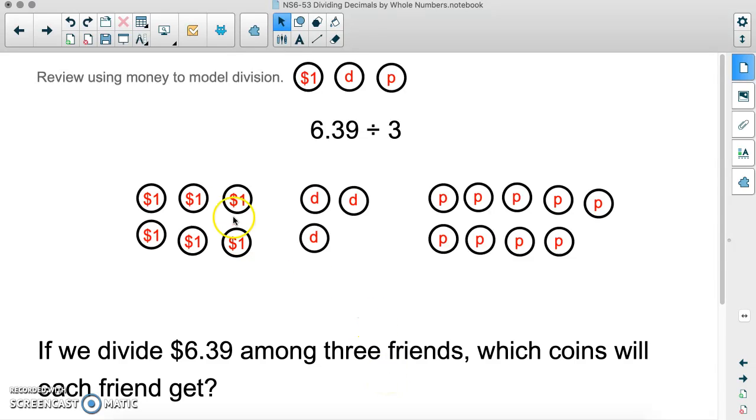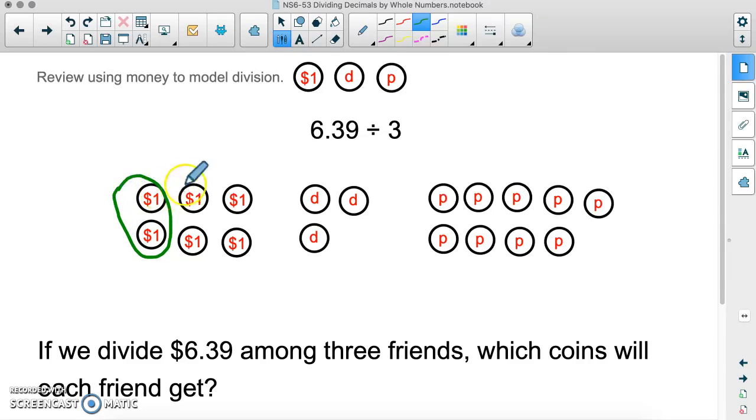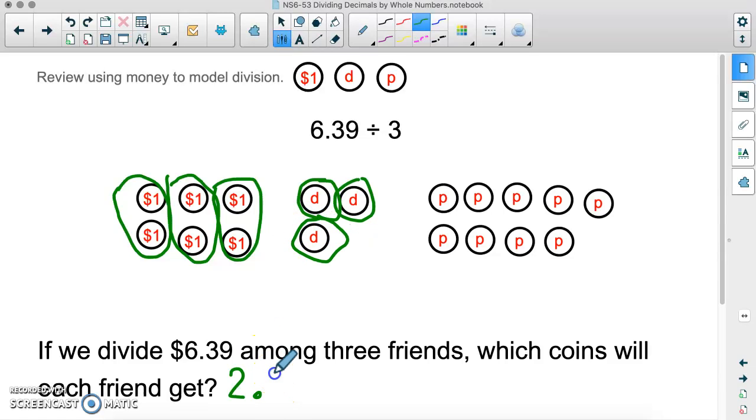So if we divide these $1 coins into groups of 3, how many loonies is each friend going to get? Well, 6 divided by 3 is going to be 2. So each friend is going to get $2. If I divide the dimes up, 3 divided by 3, each friend is going to get 1 dime, so they're going to get a tenth.